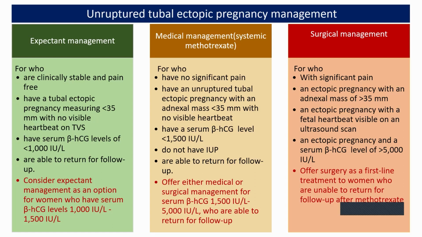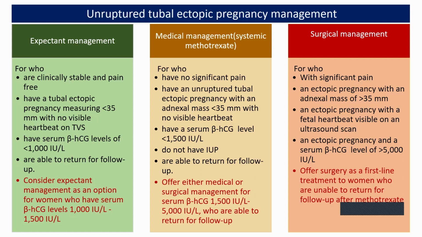So to do that, we will be monitoring the serial beta HCG values. Initial value should be less than 1,000. And after that, we will do another value at day 4 and day 7. And we should be able to see a drop of more than 15% from the initial value during this serial assessment.